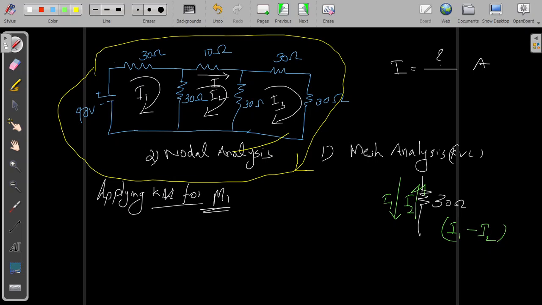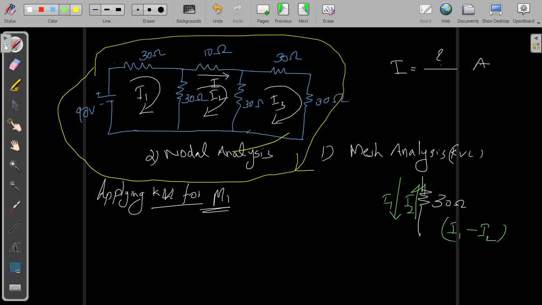Now I'm going to apply the KVL. When you are applying KVL considering a mesh, Kirchhoff said in his voltage law that the algebraic sum of voltage drops around a closed path is 0.